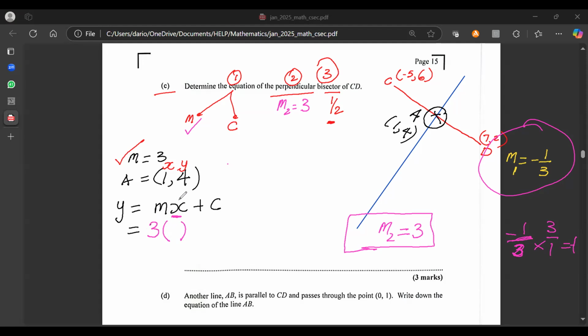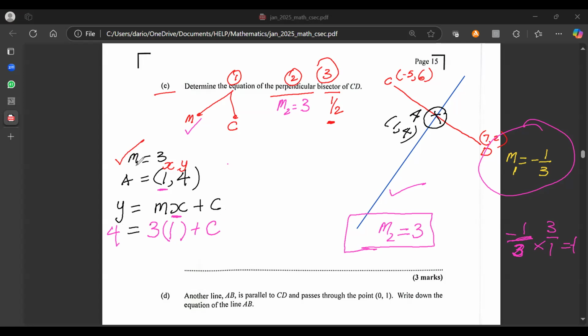So 3 times, what is X? X is 1. It's a coordinate on this blue line. All right, follow the cursor, people. Therefore, Y is equal to 4. Therefore, you can find out what C is.